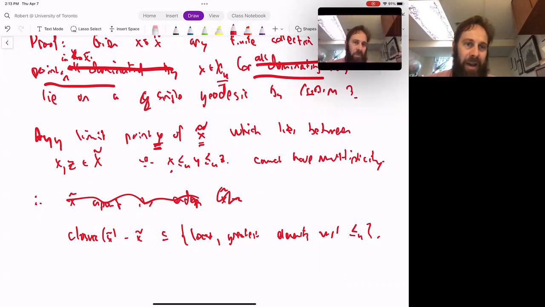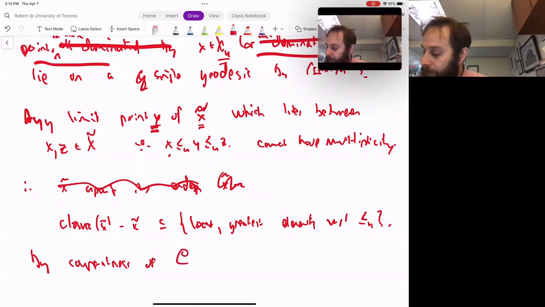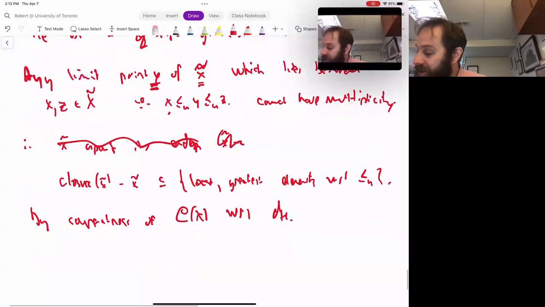And so by compactness of the closed subsets of X with respect to dH, the whole thing must be a geodesic.